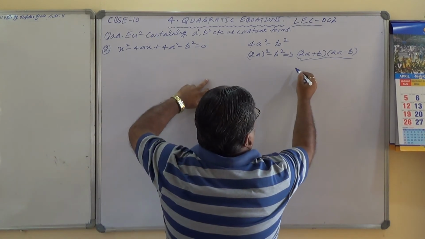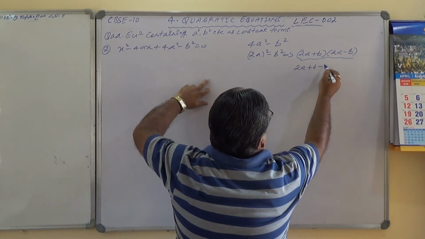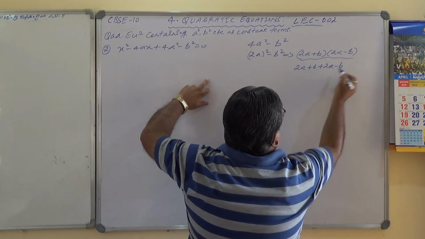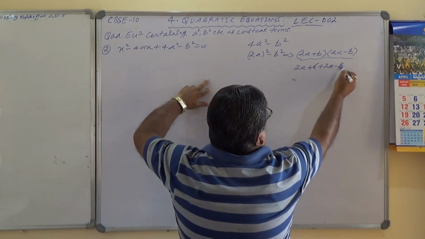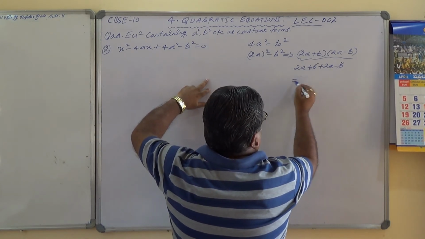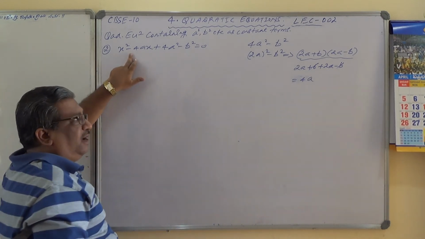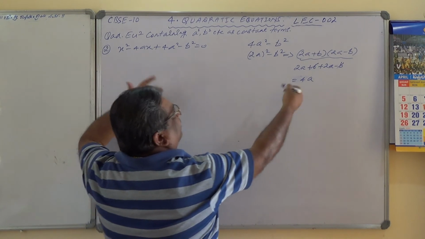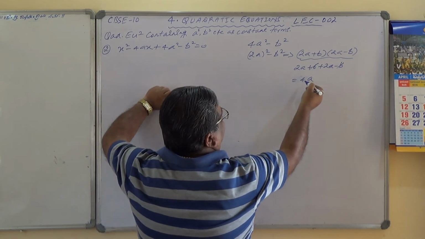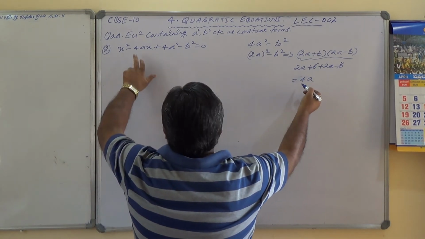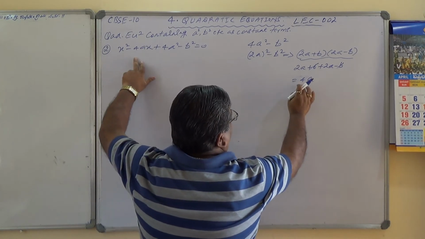So add and subtract these two terms to try to get the middle term. Let me add this one, 2a plus b plus 2a minus b, which equals, b cancels, I get 4a. But I require minus 4a here, and therefore multiply this by minus.